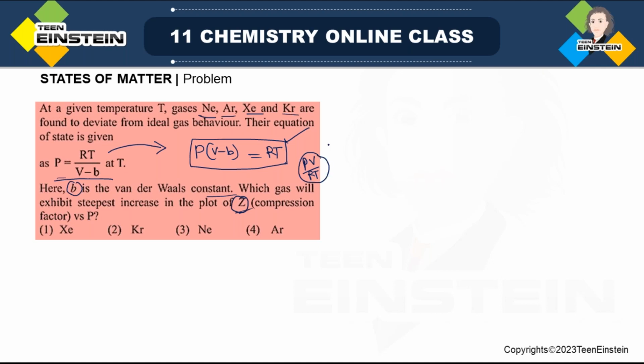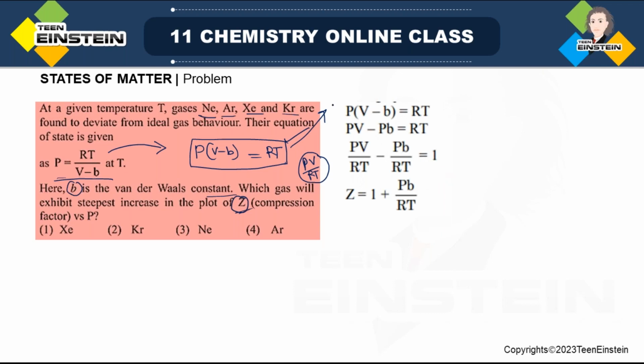Then only in that ratio you can write Z. So for this equation P into V minus b equal to RT, how are we changing it? See, first multiply P with V and b. Then we are getting PV minus Pb equal to RT. Now both sides of this equation divide by RT. So on the left hand side you are getting PV by RT and minus Pb by RT.